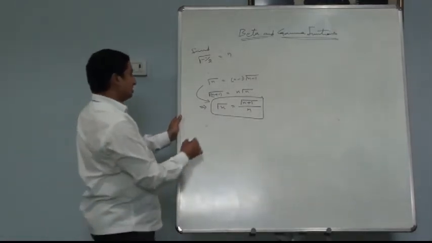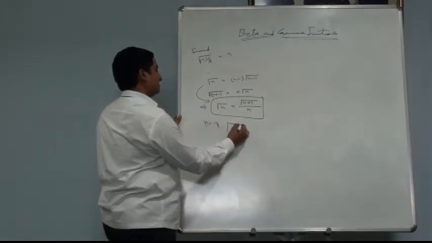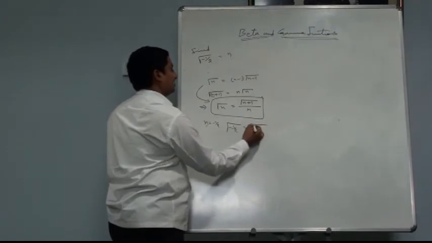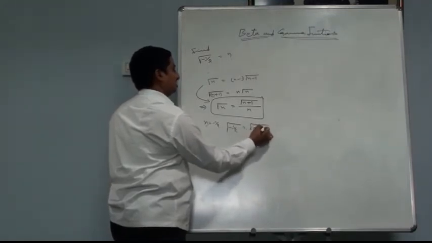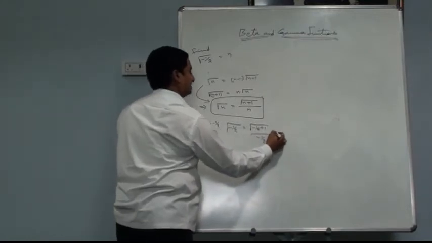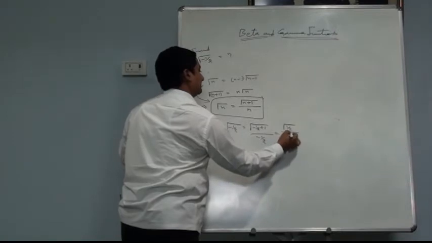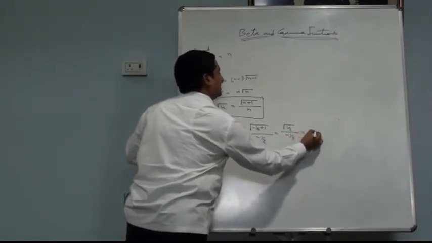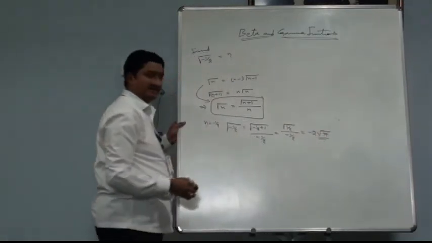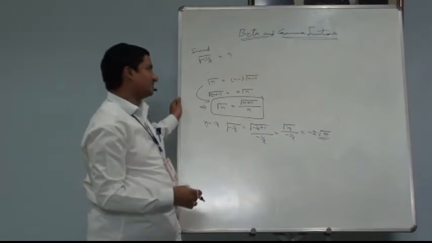So if you put n equal to minus half, this is going to be gamma of (minus half plus 1) by minus half. This is gamma half by minus half, which is equal to minus 2 root pi. So this is how to find the gamma values of negative fractions.